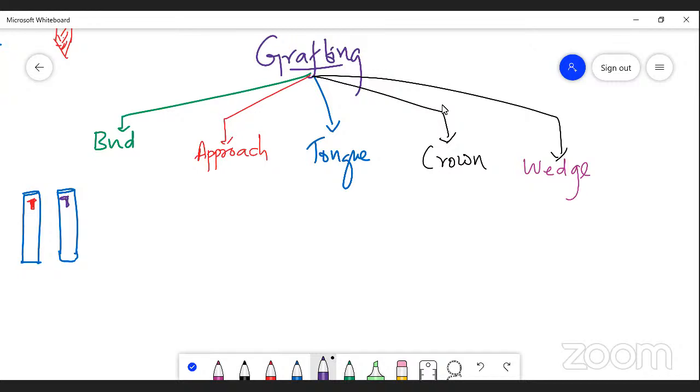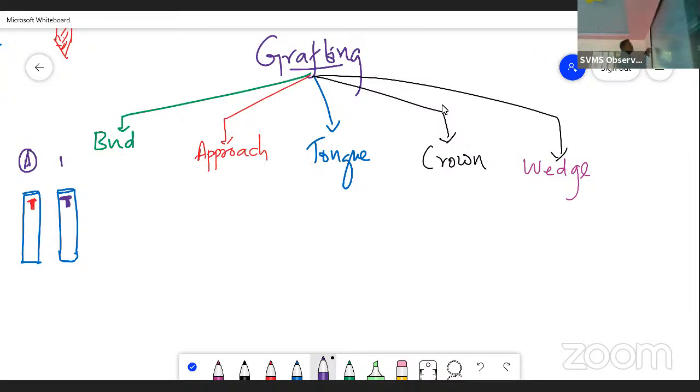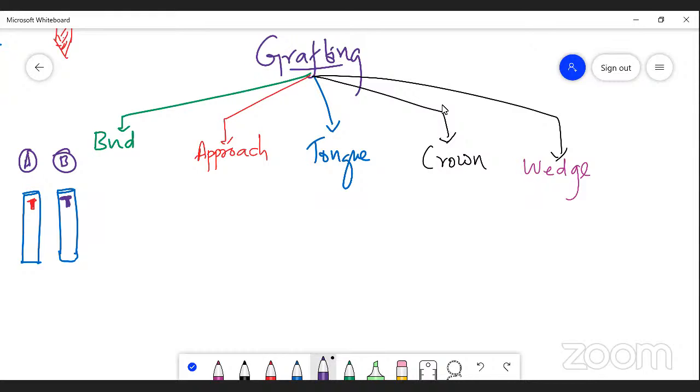This is plant A, and this is plant B. In A a T-shaped bark is removed, and from plant B a T-shaped bud-like structure is also removed. And these, the stock and scion, are joined together using polythene paper or grafting wax, right?